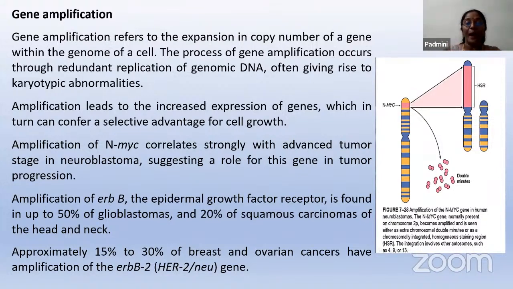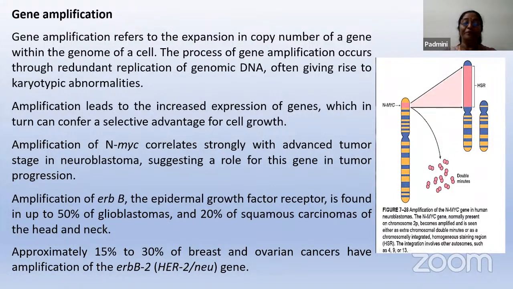For example, amplification of MYC correlates strongly with advanced tumor cells in neuroblastoma, the nerve cells leading to blastoma or the cancer cell, suggesting a role for this gene in tumor progression. Another example is amplification of ERB B, the epidermal growth factor receptor, which is found in up to 50% of glioblastomas and 20% of squamous carcinomas in the head and neck region.